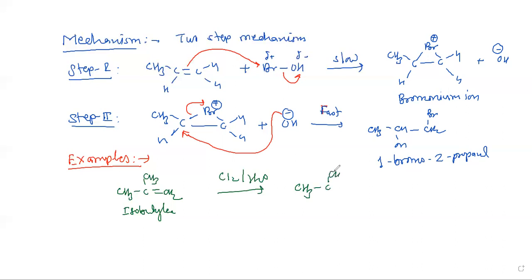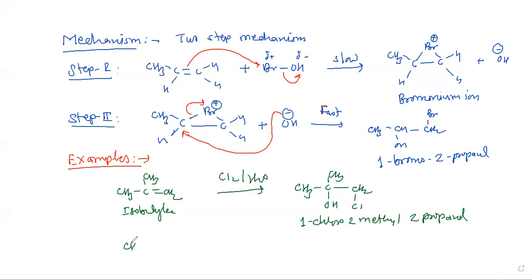Here the hypohalous acid will be hypochlorous acid, so the negative part of the reagent, OH minus, is attached to this carbon atom according to Markovnikov's rule, and you will get 1-chloro-2-methyl-2-propanol as the product.